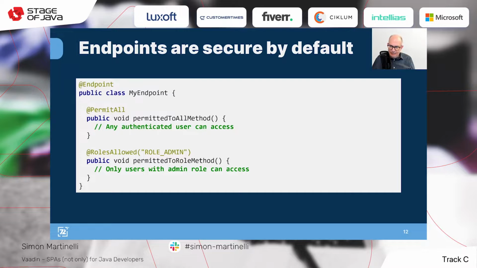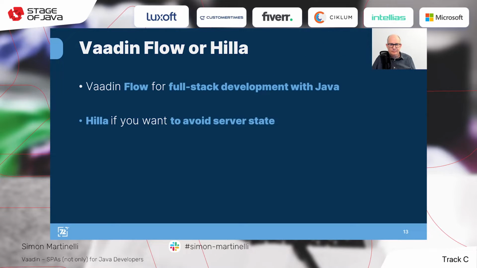And as I said, it's secured by default. That means you have to declare who can access the endpoint. We do that with standard security annotations like PermitAll, so this method will be publicly available, or we can use RolesAllowed, or we can also use Secured, whatever we need to use.